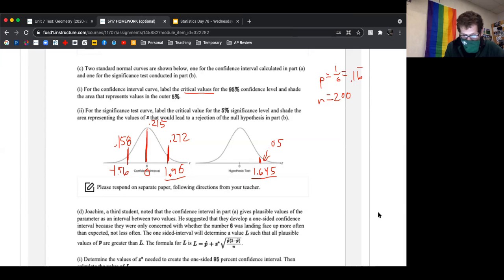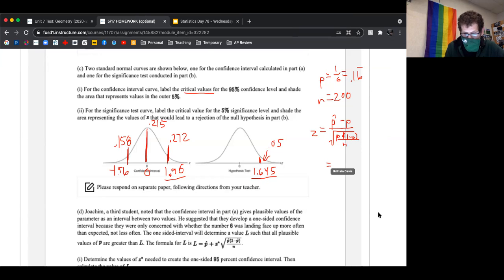And I believe that's it. So normally you have your test statistic equals p hat minus p divided by, and when you're doing a one sample proportion z-test, you use the hypothesized proportion. So the square root of p times 1 minus p all over n.